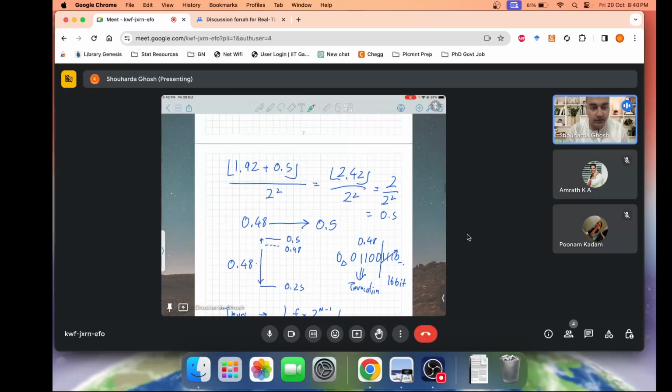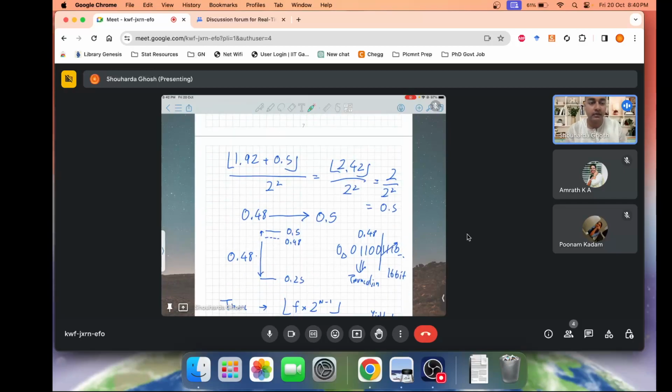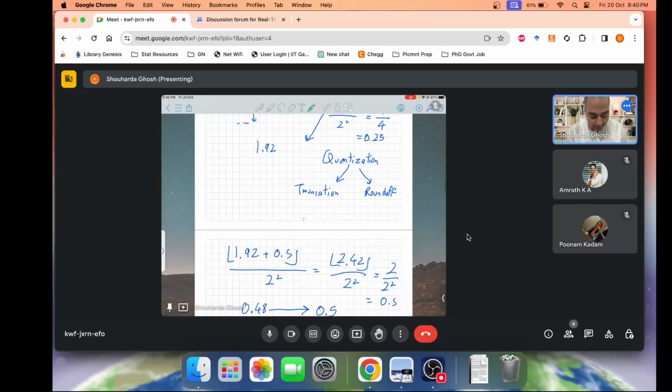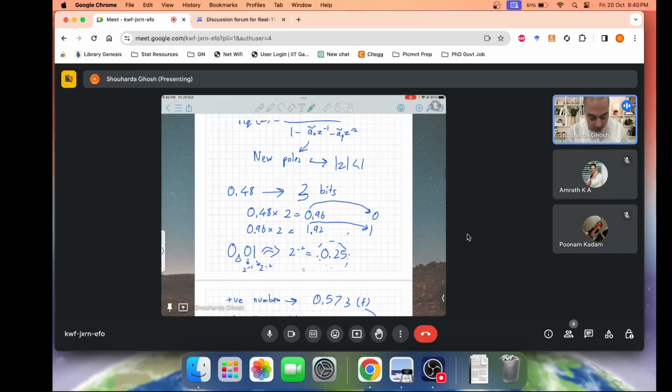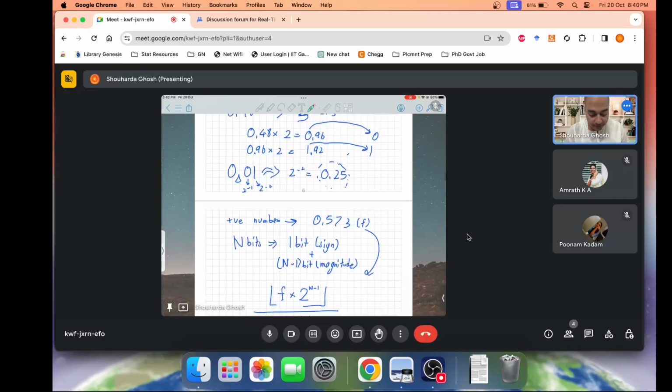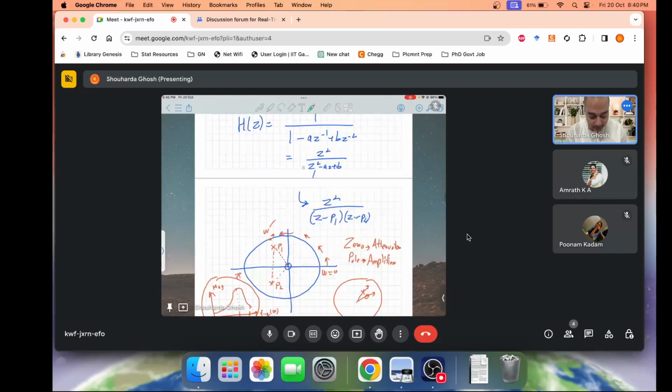So basically 0.5 helps the number get shifted to the closest number. So 2.42, and then we take the floor 2 by 2 to the power 2, that's 0.5. You see 0.5 is much closer to 0.48 than 0.25, so rounding will give you a better response.